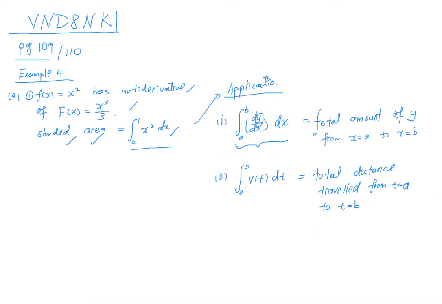When you come to application, you are talking about the situation. For the fundamental theorem, we told you area. But when it comes to application, you have to know. If I'm talking about the number of eggs laid in a farm, that means the rate of eggs laid in the farm is the rate of change. If you integrate the rate of change graph, you get the total amount of that thing.